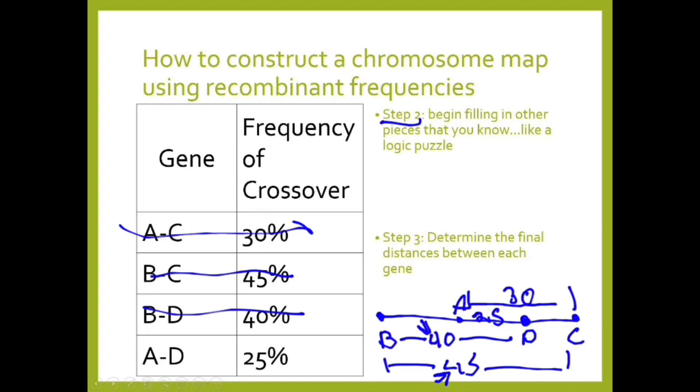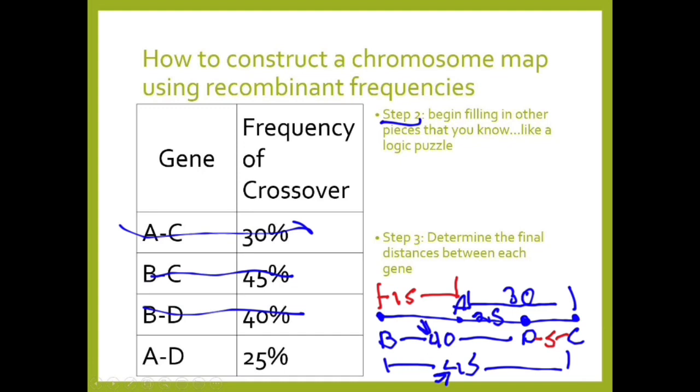So I know that the distance between D and C is 5 map units long. And then between A and B, because I don't have that one, I know A to C is 30, and I know B to C is 45. What's the difference? Well, I'll give you a hint. It's 15. So those are my map units.